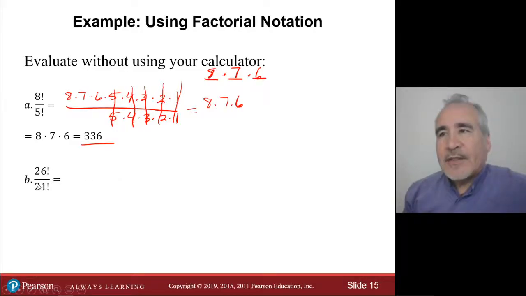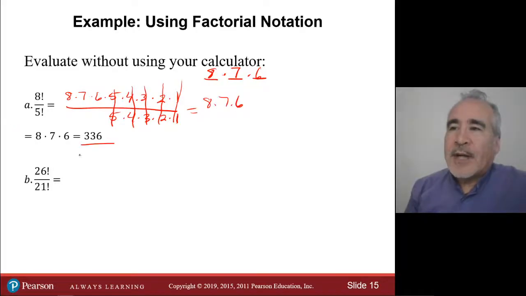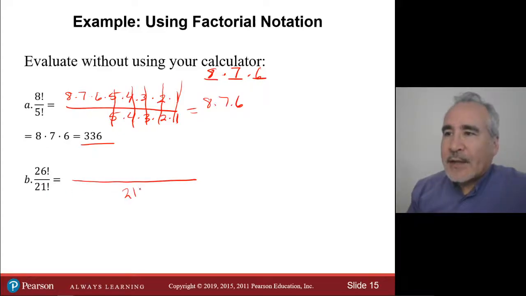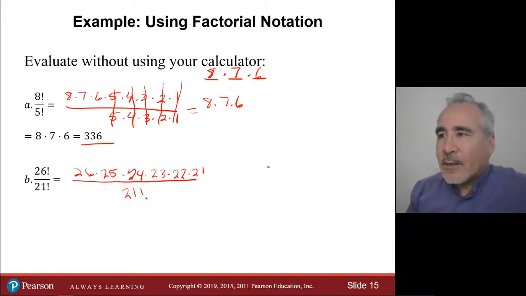Okay. Now let's watch. If we've got 26 factorial, do you really want to write 26 all the way down to 1? I don't. So watch what we're going to do. We're going to say this 21 factorial, I'm going to write that down first. I can stop when I get to 21. So I go 26, 25, 24, 23, 22, 21, and the rest go down.